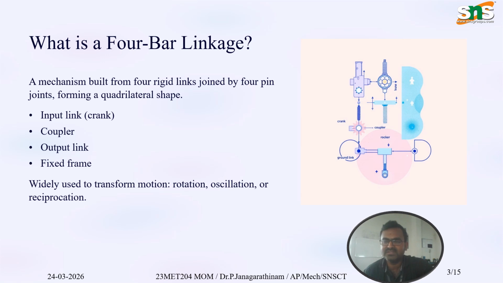The fixed frame is the fixed link; there is no degree of freedom. The remaining three links have degrees of freedom, and based on the crank rotation, the remaining two links will be rotated. So this kind of mechanism is widely used to transform motions like rotation, oscillation or reciprocation.